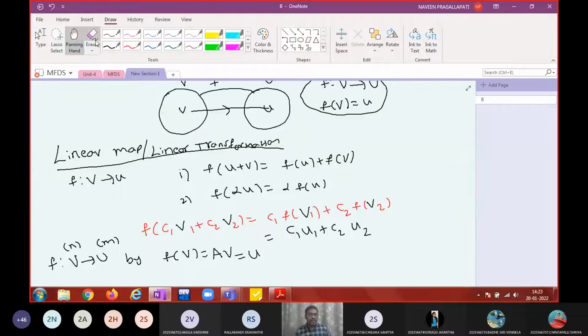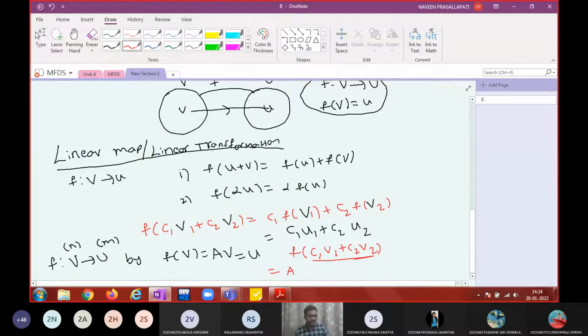Okay, so what are the properties of this? Is this mapping satisfying these two conditions? You see, f of c1 v1 plus c2 v2. According to the definition, this is A multiplied by whatever input you are getting.